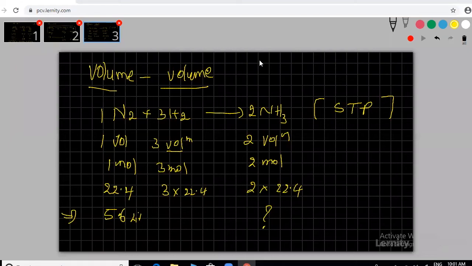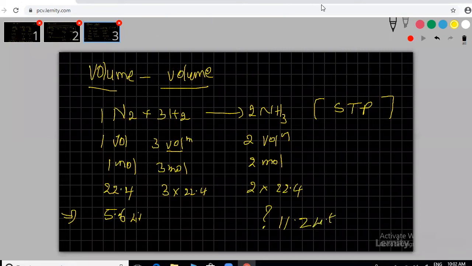Done? 11.2 liters. Most of the people gave 11.2 liters. Fine. So 1 mole gives 2, so 5.6 means how much? Okay, 11.2 liters. Fine.